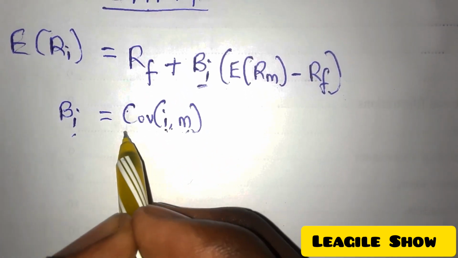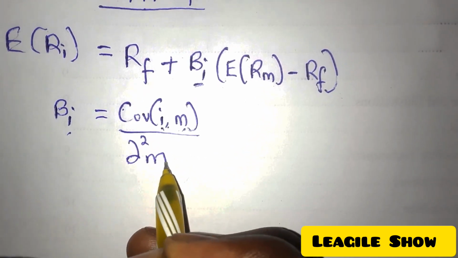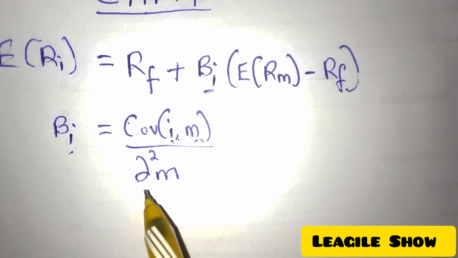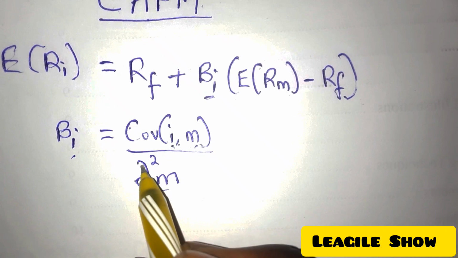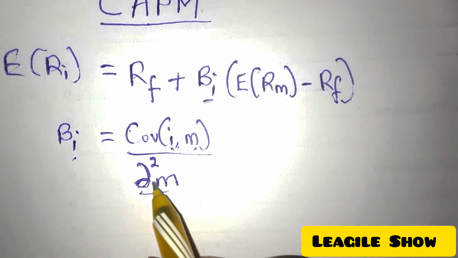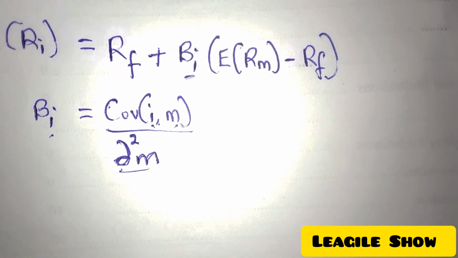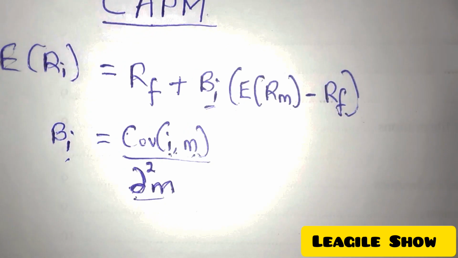This we divide by sigma square m, which we call the variance of the market index. The variance of the market index, that is sigma square m.